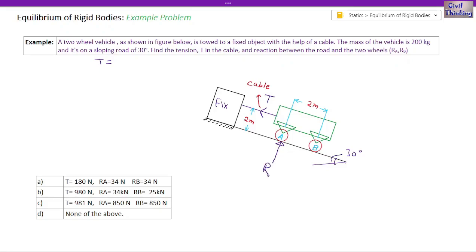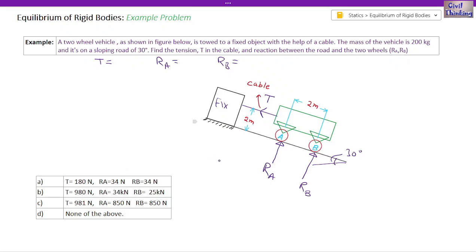Let us say this is Ra, and this is Rb. We have to find the value of Ra and the value of Rb. That's all that is asked in this problem.